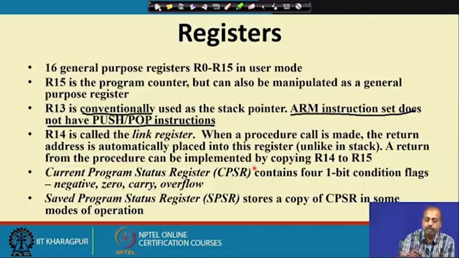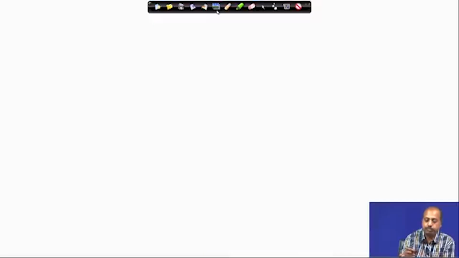So, let us take an example. Say I have a program, and somewhere I am calling a subroutine, say call subroutine ABC, and the subroutine ABC is somewhere here. At the end I have the return from subroutine.